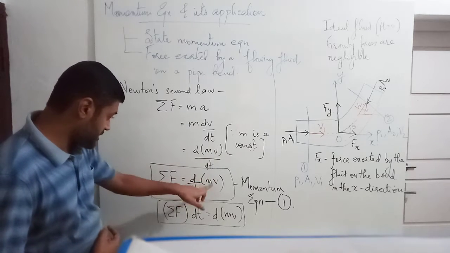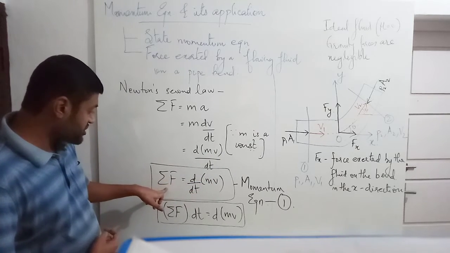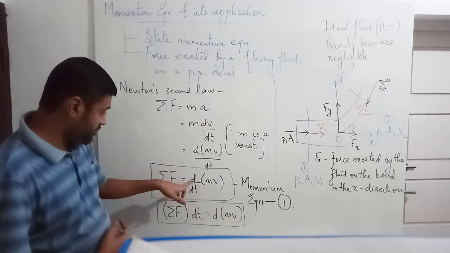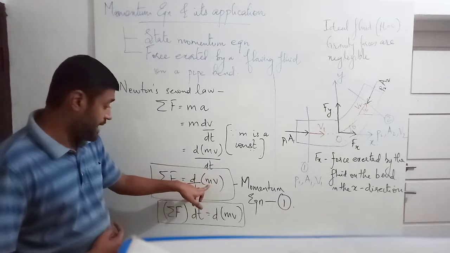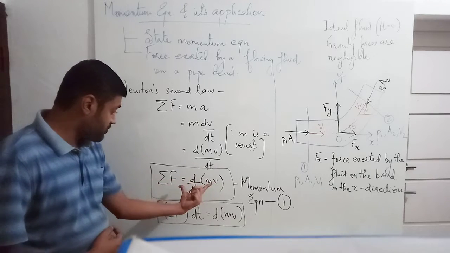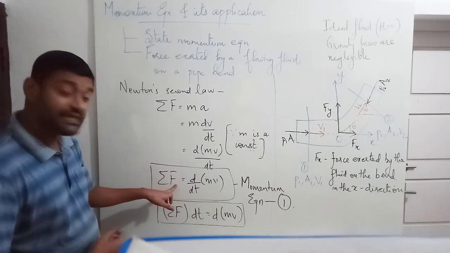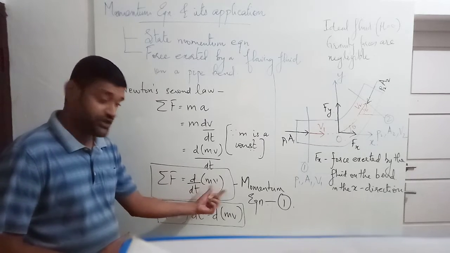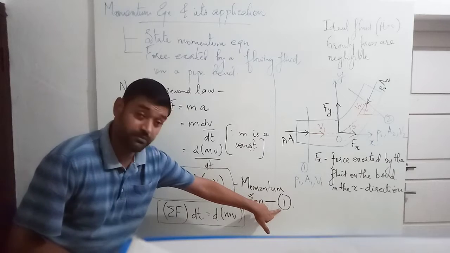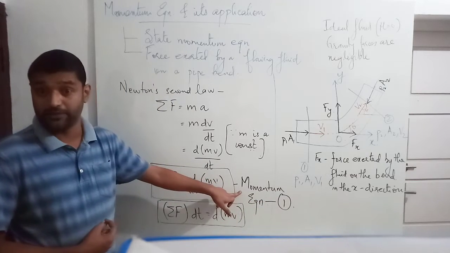I can rearrange this equation and write it as: the summation of the forces in any direction is equal to the rate of change of the momentum in that direction. M into v is the momentum. So practically, the summation of forces in any direction is equal to the rate of change of momentum in that direction. This equation is termed equation number 1, and it is known as the momentum equation.